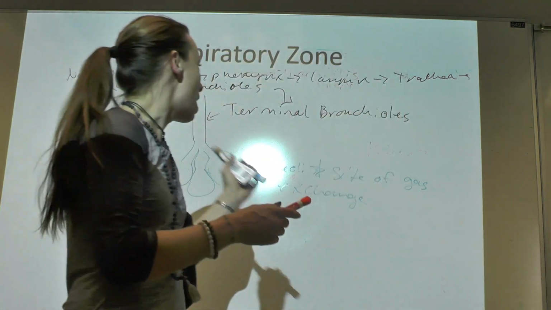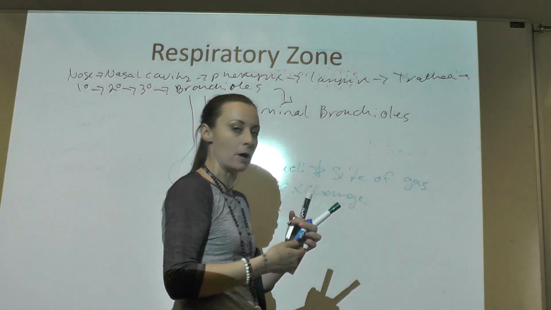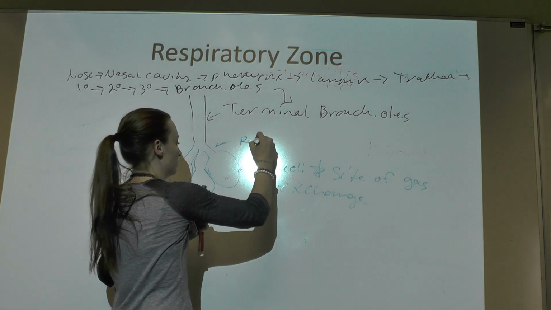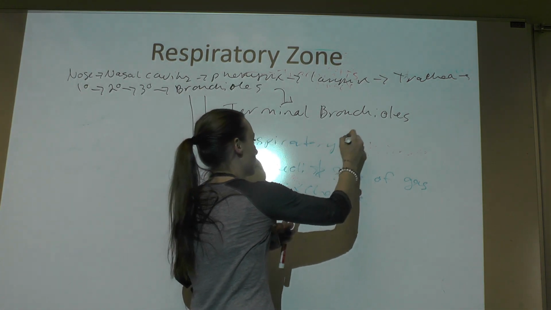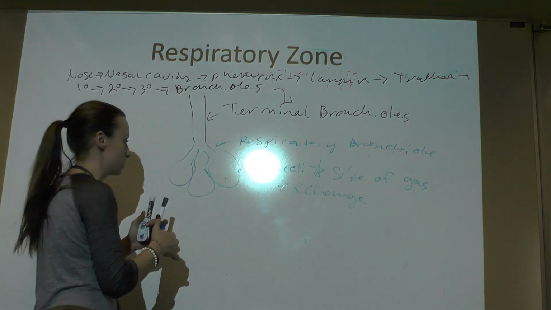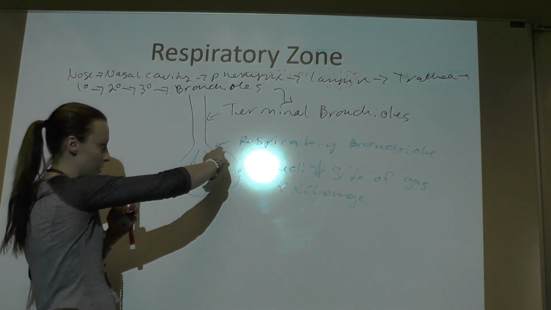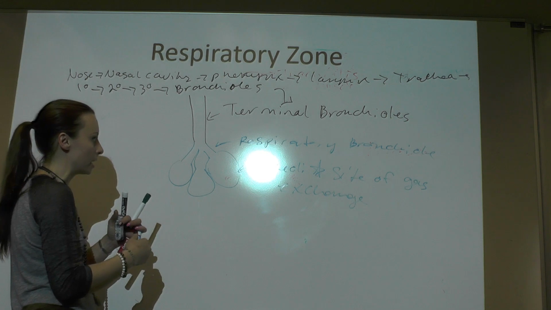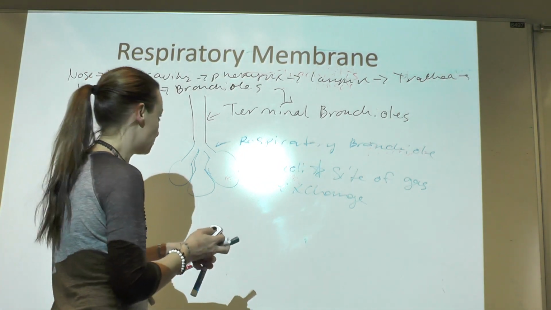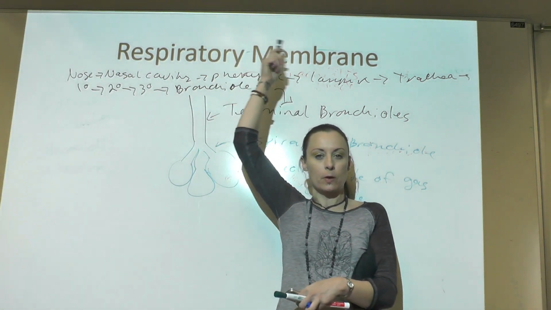If we think about our respiratory zone structures, there really are only two structures in the respiratory zone: the respiratory bronchiole and the alveolus, or alveoli if there's more than one. We can have gas exchange across here, so that's why we call it the respiratory zone. Gas in the respiratory zone is being conducted across the respiratory membrane.